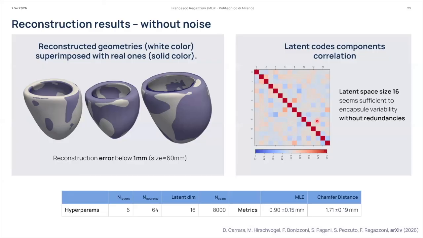And these are the reconstruction results. So this is the case without noise. You can see that we can have quite accurate results with an error below 1%, and also the latent shape codes are almost uncorrelated. That means that we found a latent space that doesn't have significant redundancies.